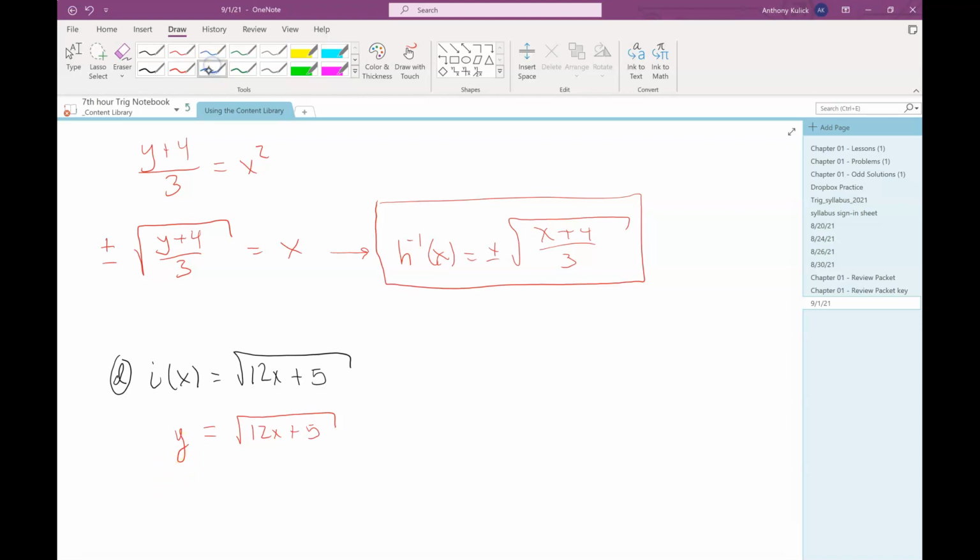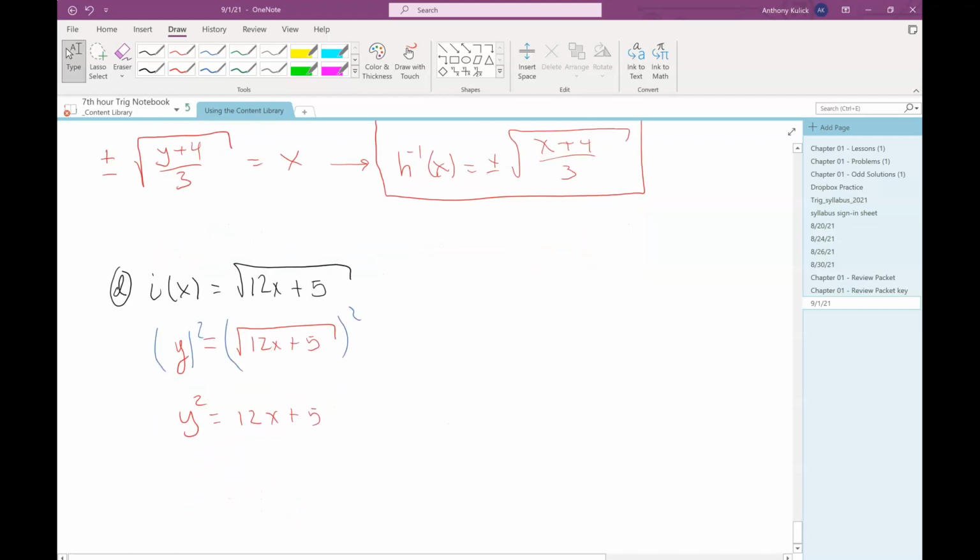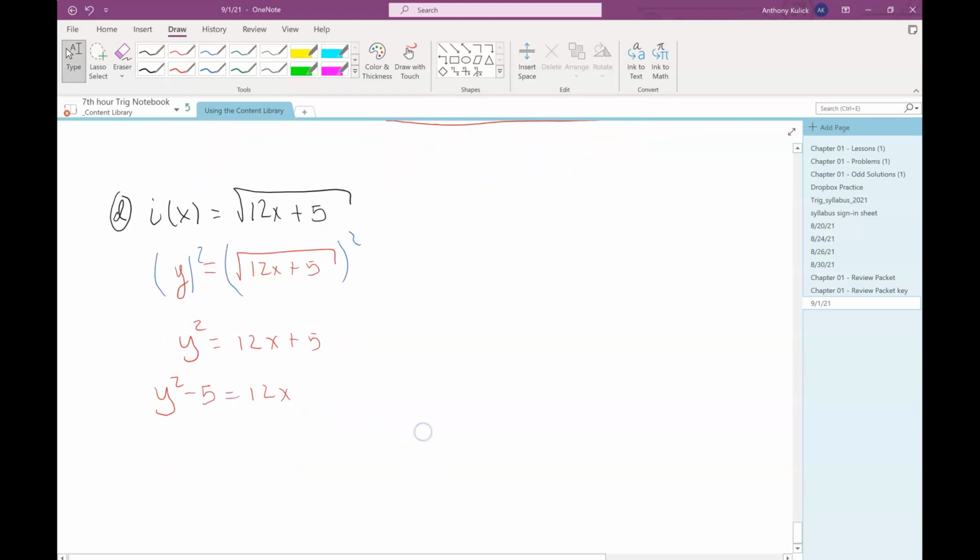Yep. And then we can subtract the 5. And after that, we should divide by 12, right?